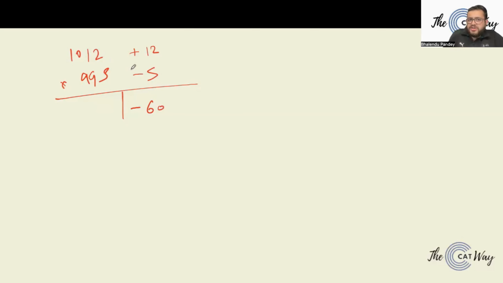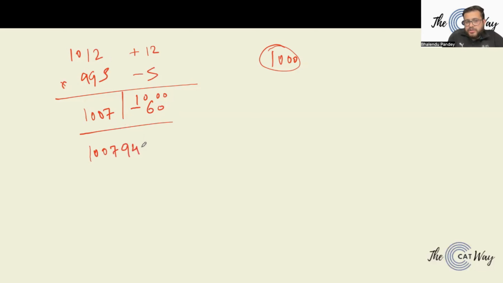Correct? 1012 minus 5 gives you a 1007. अब यहाँ पे you remember when we had base 100, the carry forward that we were taking was equal to 100. But now since we are considering base 1000, a 1 carry forward would mean the value is 1000. So the answer that we'll be getting is 1007 from here and 1000 minus 60, that is 940 from here. This becomes your final answer.